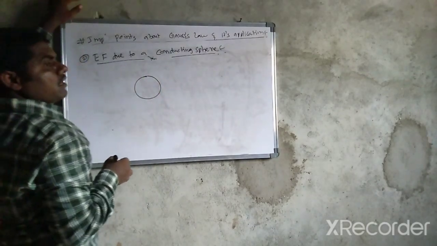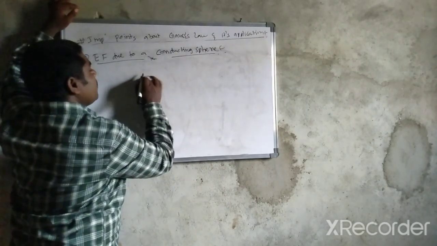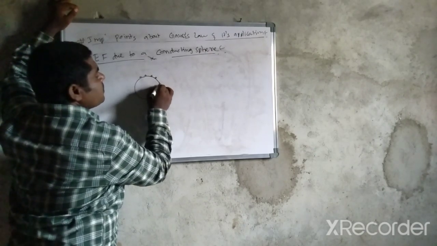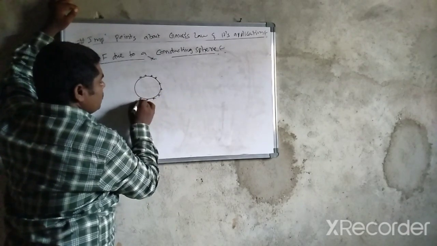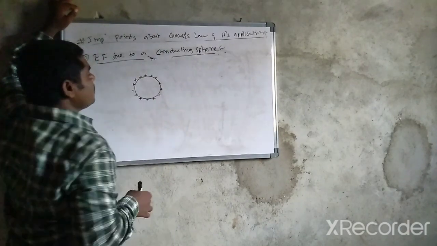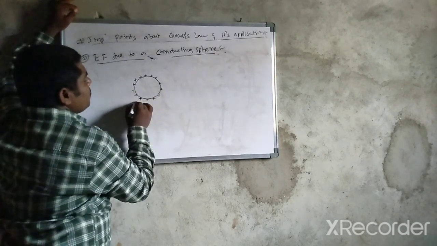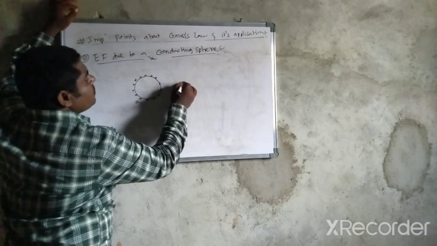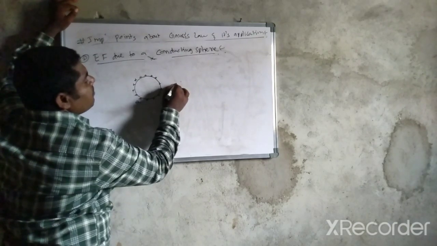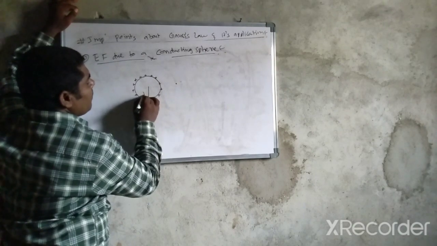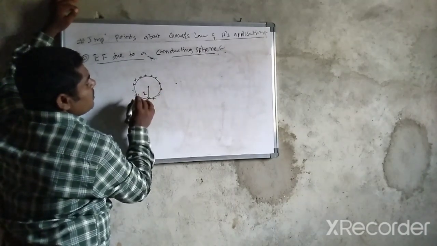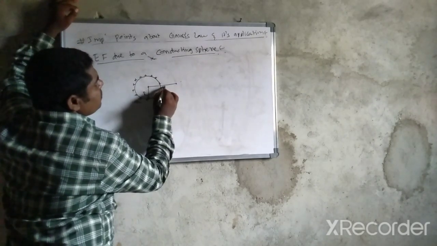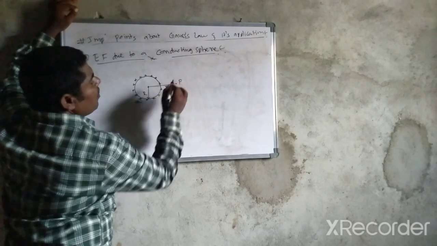Here the charges are accumulated at the surface uniformly. The charge distribution is uniform, and let us consider the total charge as capital Q. The radius of the sphere is capital R. If the distance from the center of the conducting sphere to the point is X, this is a point P.